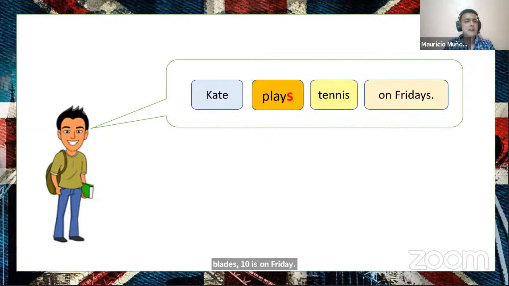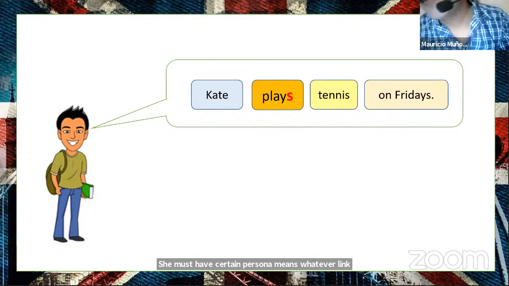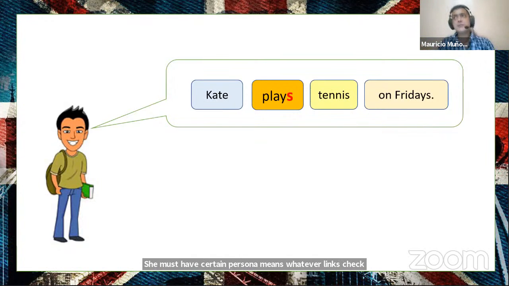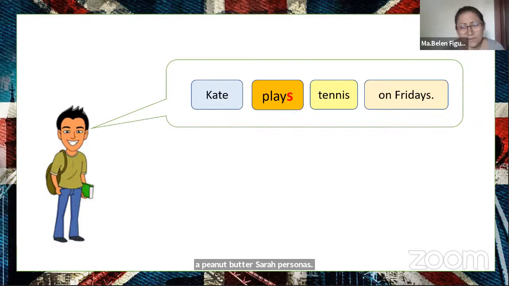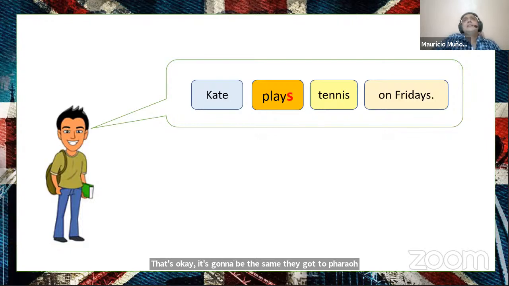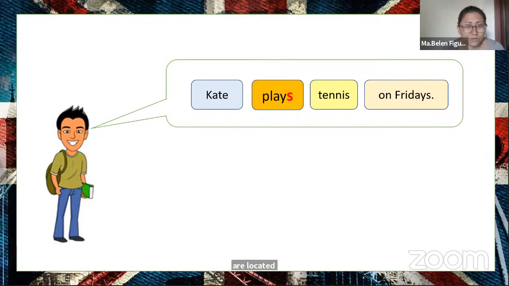Si tenemos terceras personas, Miss María Belén, ¿se acuerda del auxiliar que utilizamos en los negativos para terceras personas? Doesn't. Ok, esa es la combinación del negativo, pero quítele la palabra negativa. ¿Qué auxiliar nos queda? Do. Do is not for third person.